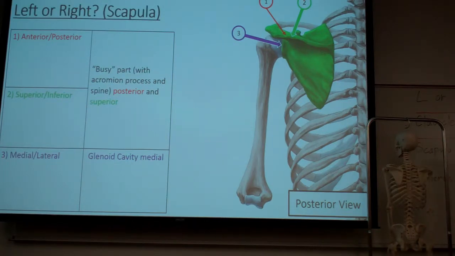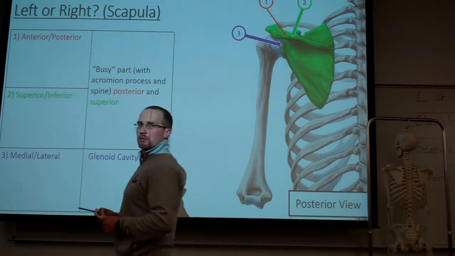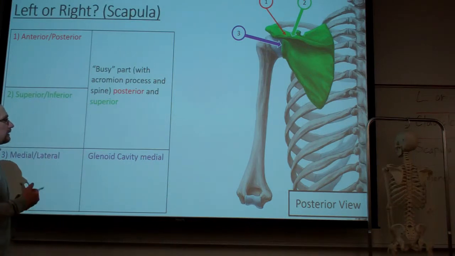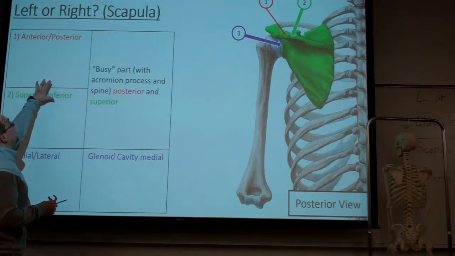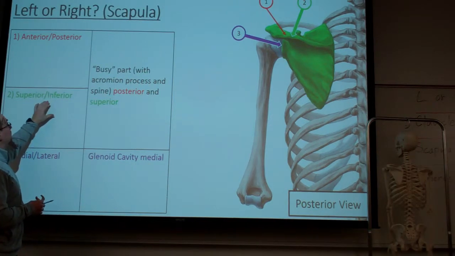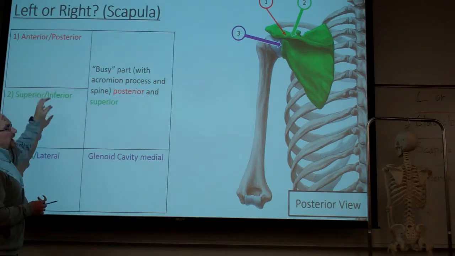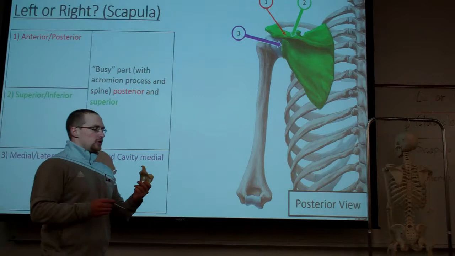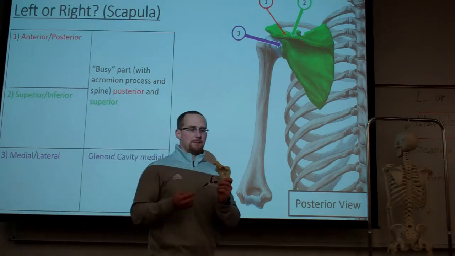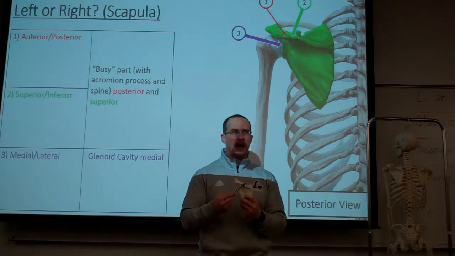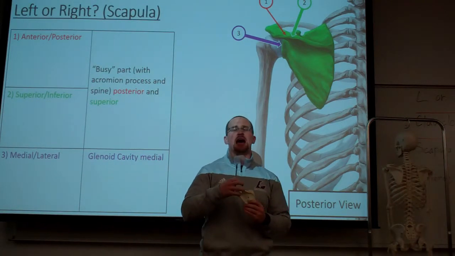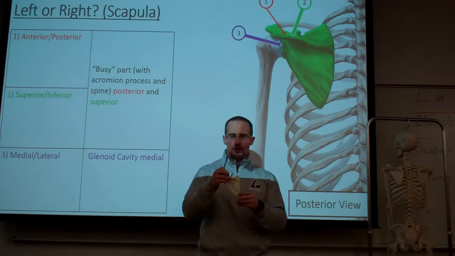We have a left or a right scapula. Now, the nice thing about the scapula, I can notice that there's one part that can take care of top and bottom and front and back. So the busy end, when I say busy, I'm talking about you got the acromion process here, you got your spine. It's big here, chunky, a lot of other stuff is going on here.